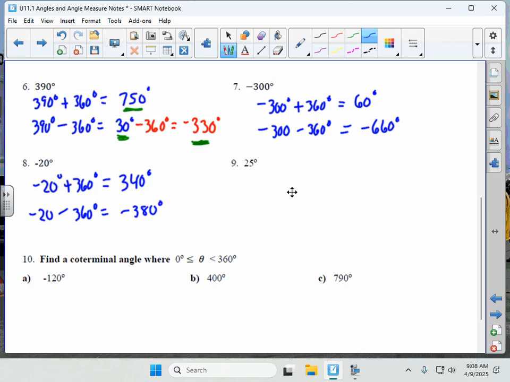All right, and then positive 25. So 385, and then 25 minus 360, negative 335.